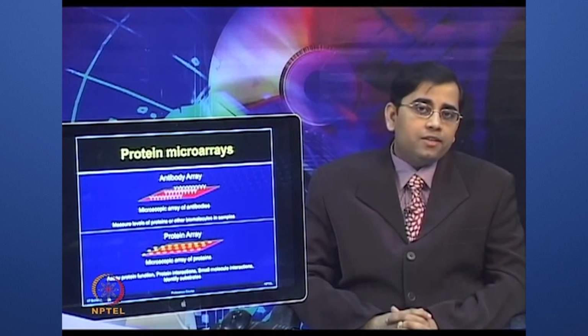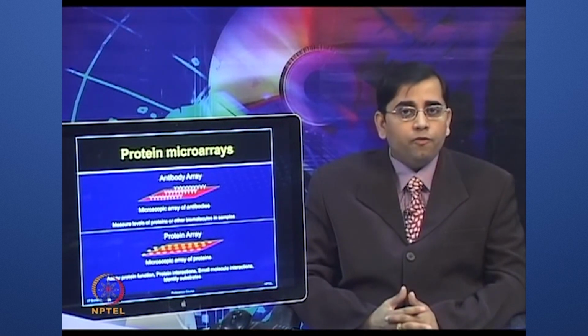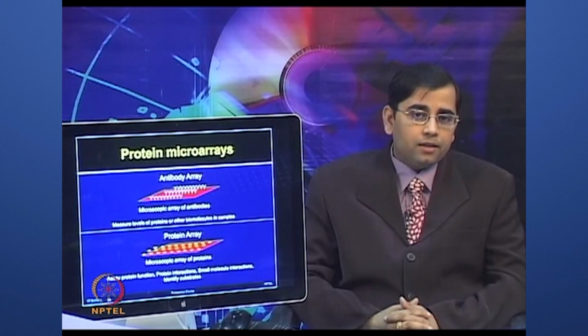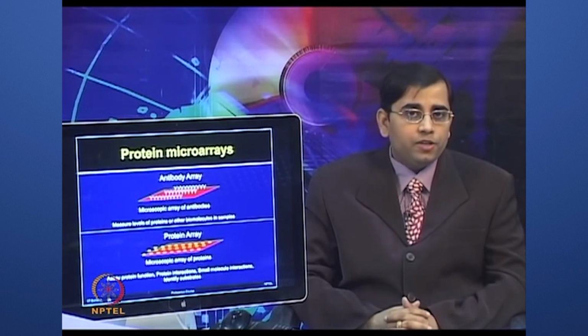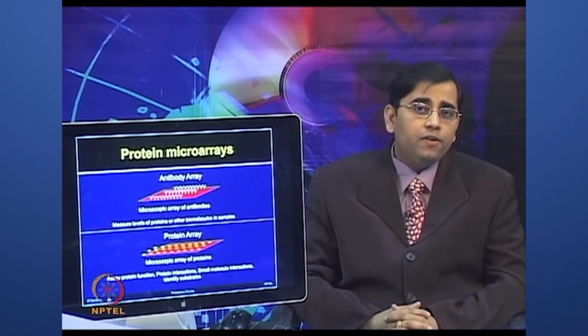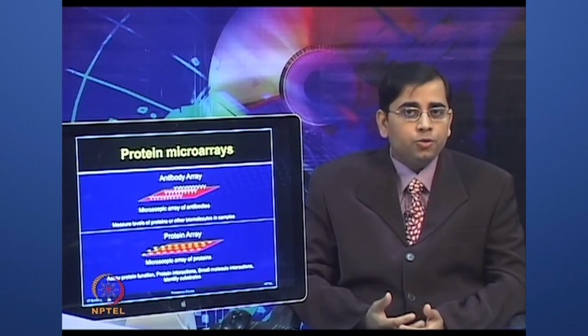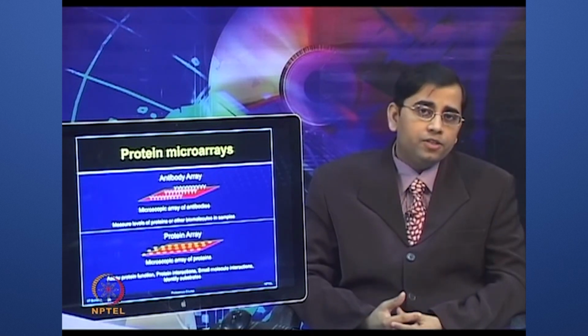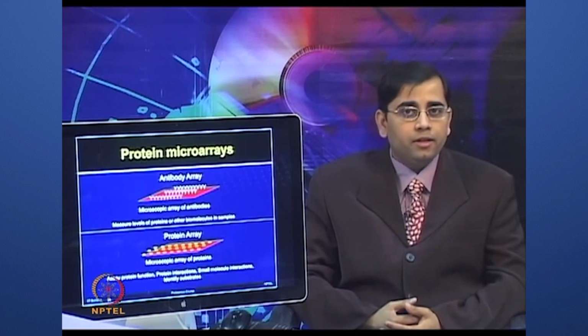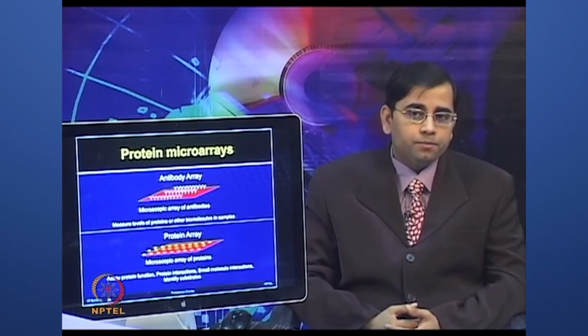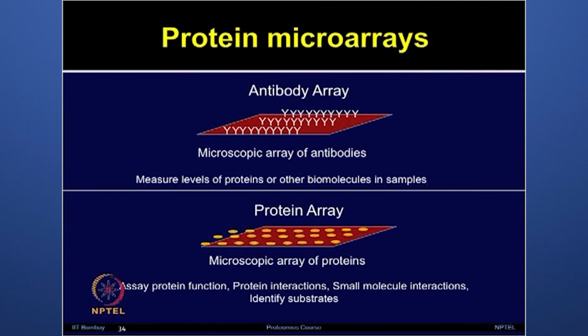The goal of these test protein arrays is to perform functional studies, so that different types of functions can be assigned, and different biological questions related to protein activity and function can be studied using these test protein arrays. These have been used for assaying protein function, protein interactions, studying small molecule interactions, as well as identification of substrates.